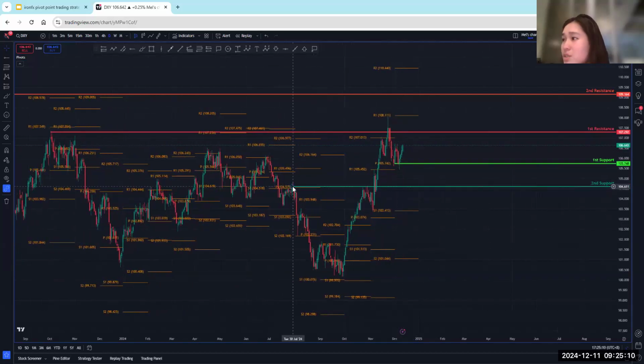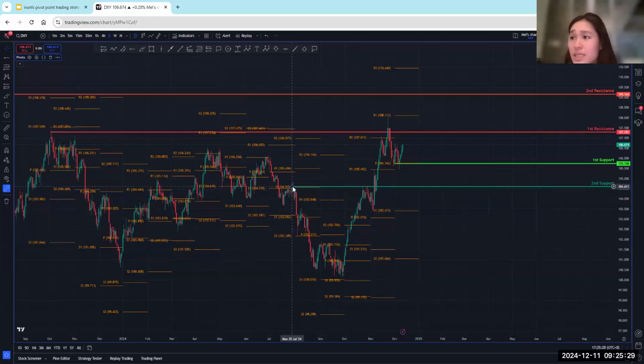Our second support lines up with this pivot point here. So you're basically looking for levels that have more of these pivot levels lining up with your horizontal levels.